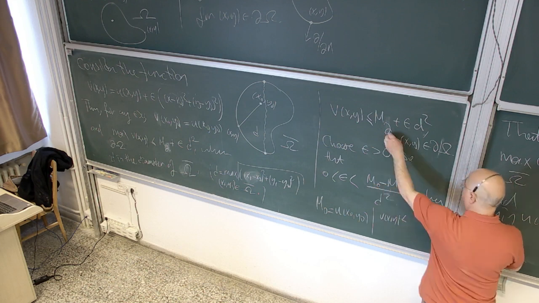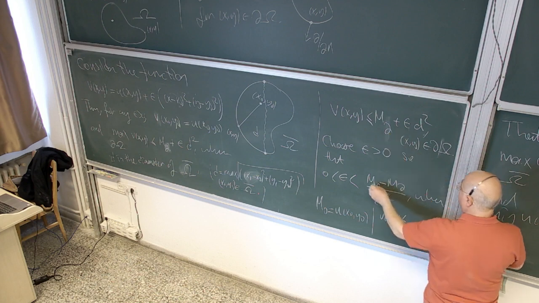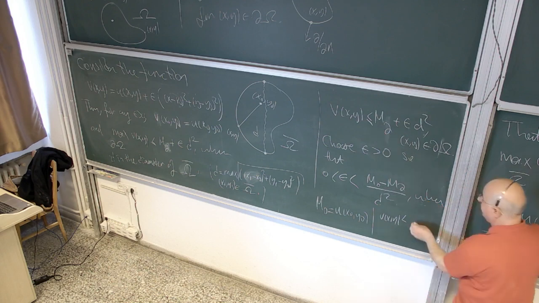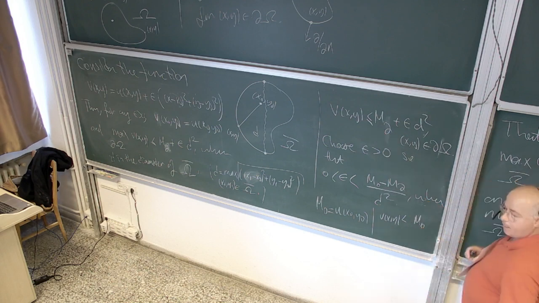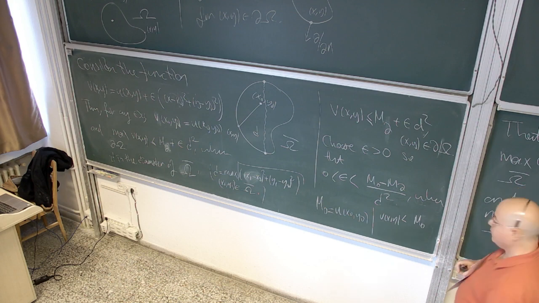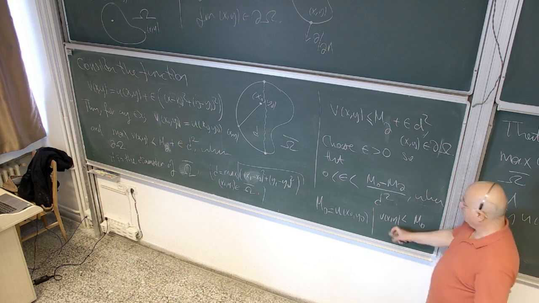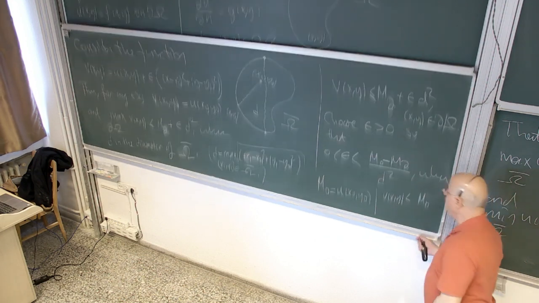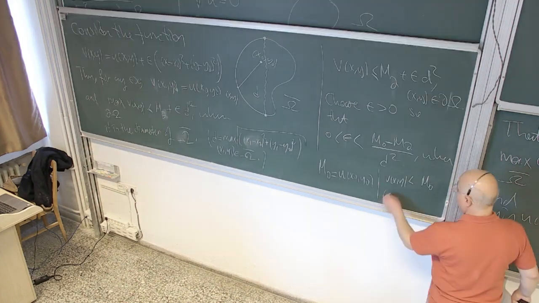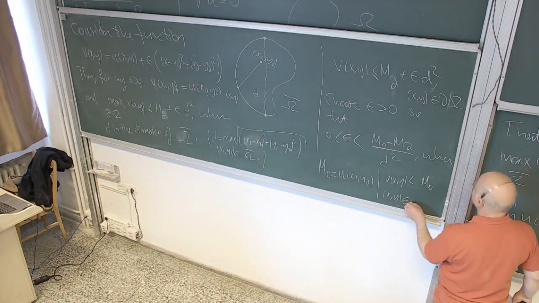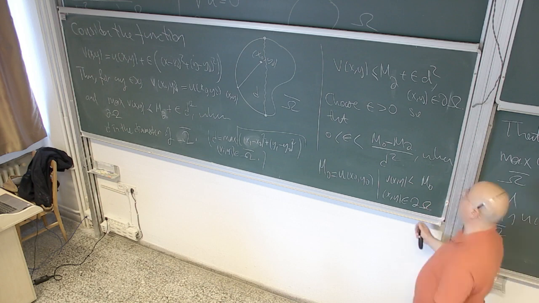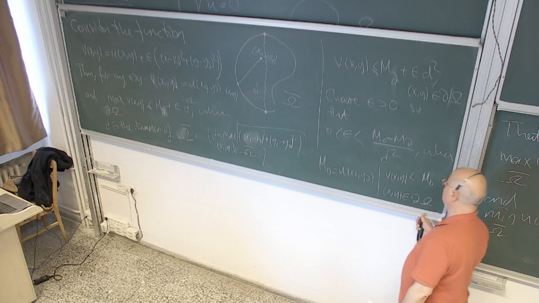You add this one, so it will be less than m0 minus m delta plus m delta. Therefore, this is strictly less than m0. Okay? So the value of this function on the boundary values is less than m0. Okay.